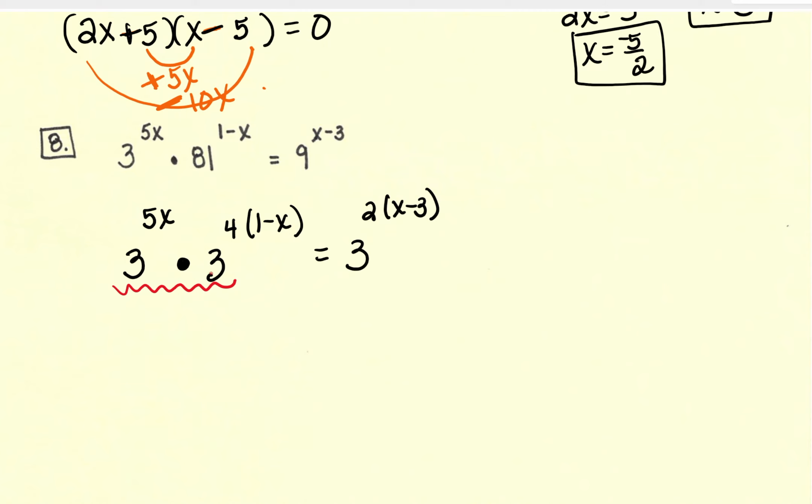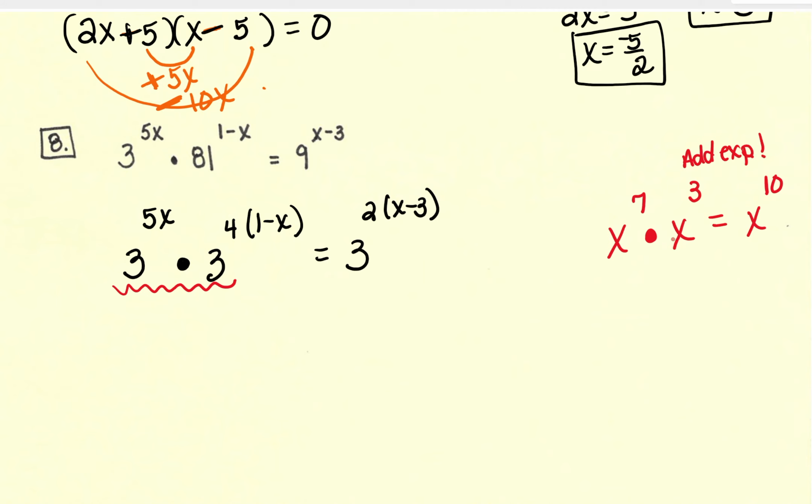You have the same base, and what are you going to do with the exponents? Well, let's think about what you would normally do. If you had, let's say, x to the 7th times x to the 3rd, if you had the same base, what would you do with those exponents? Well, your instinct would hopefully tell you to add those exponents.